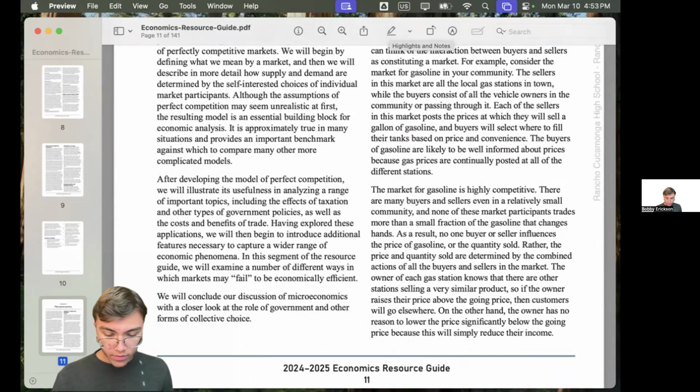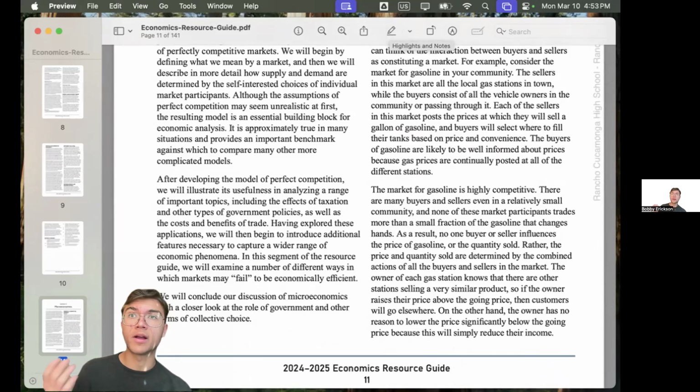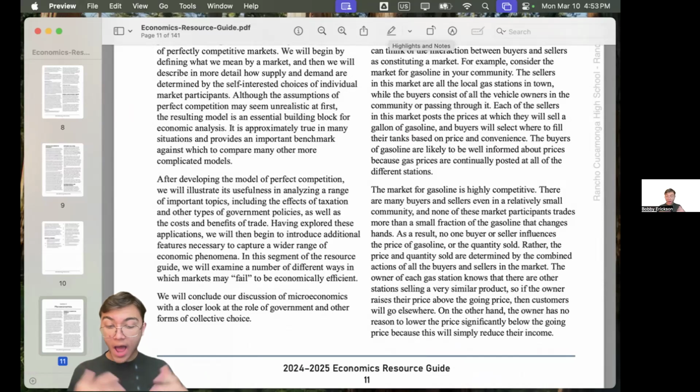And usually buyers of gasoline are well informed about the price, because the prices are usually posted right on the different stations. Now, gasoline is an example of a highly competitive market. There are a lot of buyers and sellers, even in a small community.